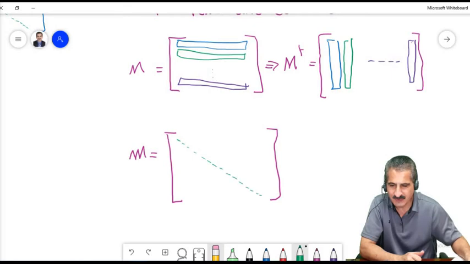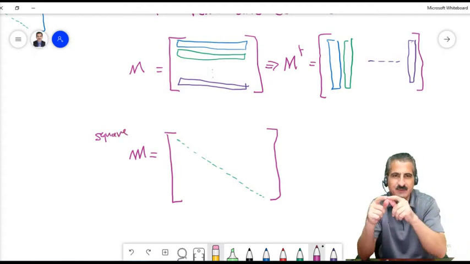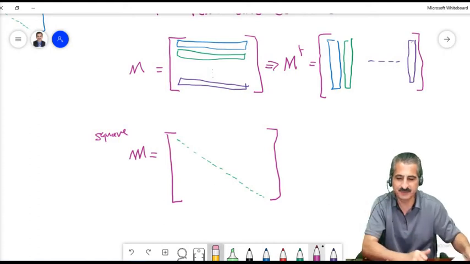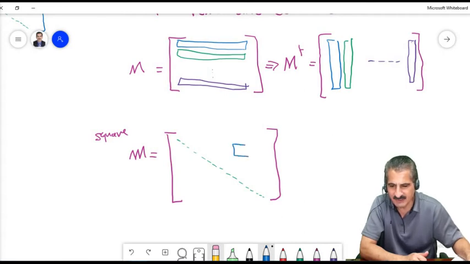Whenever M is a square matrix, I can explain the transpose the following way. When it is square, there is a diagonal going from corner to corner of the matrix. Then taking the transpose means if I have Mij here, which means the ith row, jth column, then this will be moved to its image according to the mirror at the diagonal line.